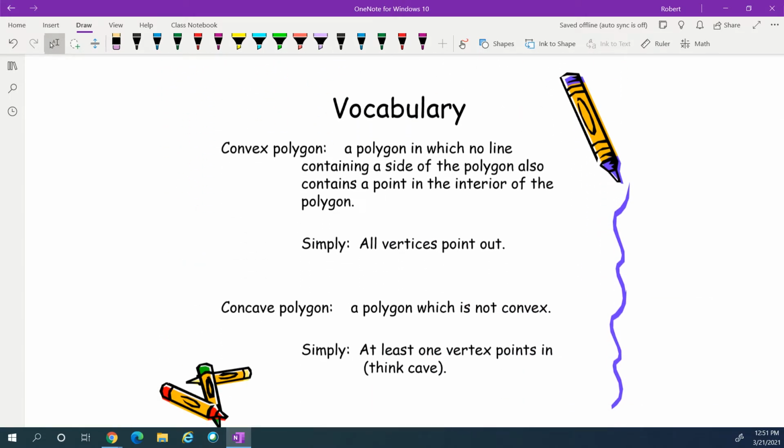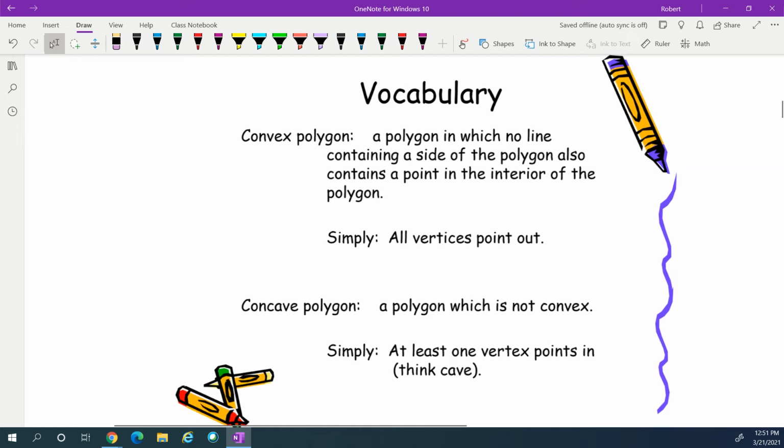We have some vocabulary, as usual: convex and concave. A convex polygon, we can simplify as all the vertices point out. If you think about each corner as an angle, the two sides come together to make a point. If it is pointing outward, it is convex.